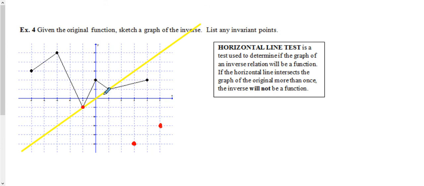On this one here was 0, 2, so I'm looking for 2 and 0. And again, I end up with another invariant point right here because it's on our y equals x line. So I'm going to put a coordinate there at 1, 1. And last but not least, we got 4, 2. So I'm looking for 2, positive 4.